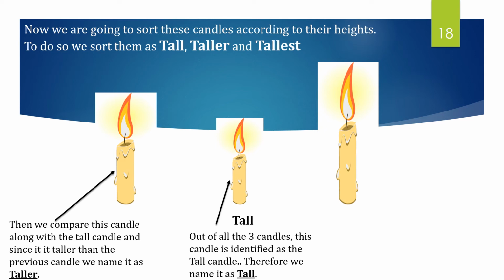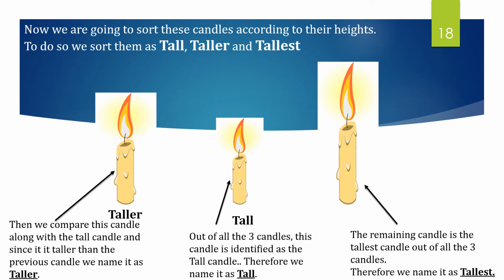Then, we compare this candle along with the tall candle. And since it is taller than the previous candle, we name it as taller. The remaining candle is the tallest candle out of all the three candles.